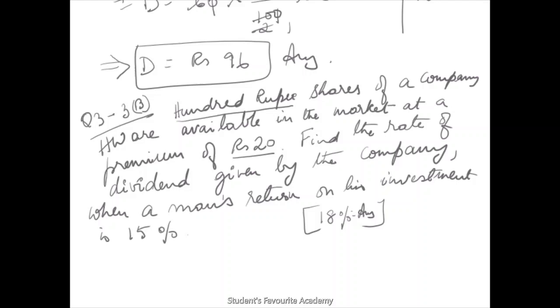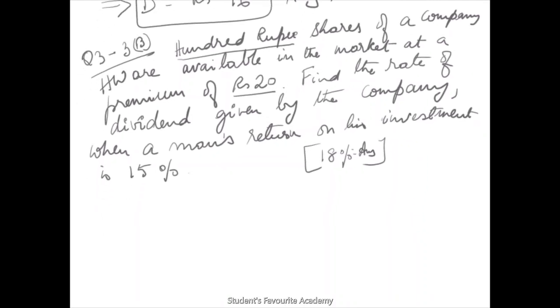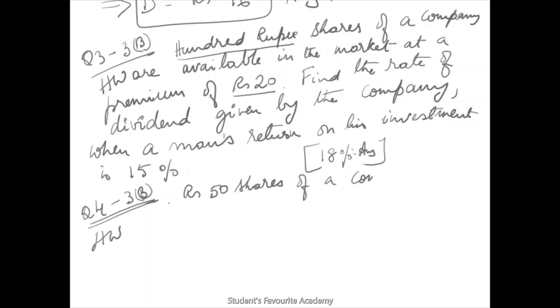Next question also you can do it as homework. Okay. Question 4 of 3B homework. Rupees 50 shares, that means nominal value is 50, of a company are quoted at a discount.